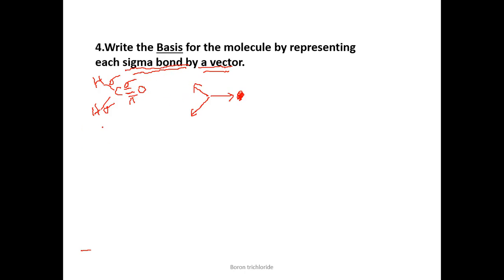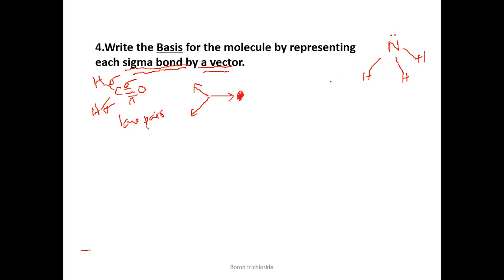And not just sigma bond, if there is any lone pair of electrons present, that is, lone pair means non-bonding pair of electrons, they should also be represented by a vector. For example, if you take NH3, the nitrogen will carry a lone pair.